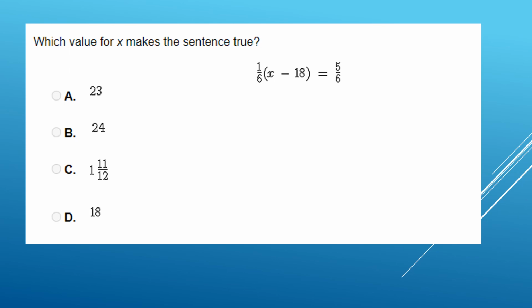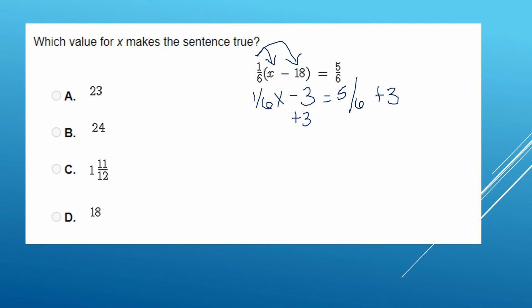Which value of x makes this sentence true? So I'm going to spread it out. 1/6 times each thing inside the parentheses. So 1/6 x minus 1/6 times 18 is 3. So now I'm going to add the 3 to both sides.